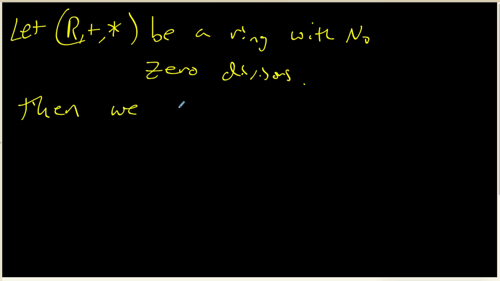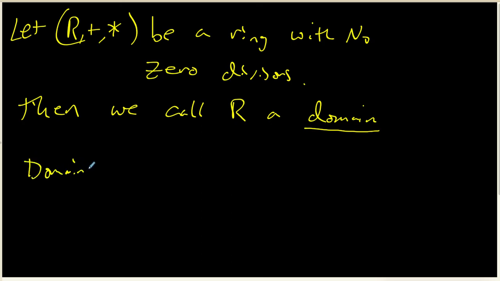Then we call R a domain. So the word domain means no zero divisors. So domain equals no zero divisors.